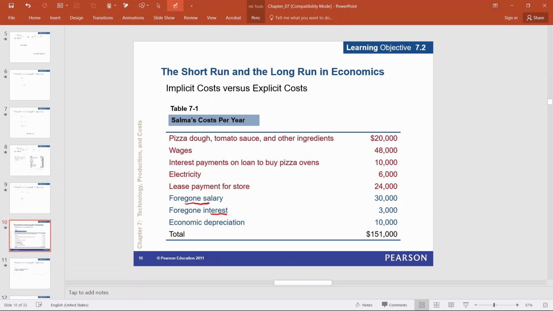So this is foregone interest. Depreciation is also a value that you determine. So all these values or amounts are implicit, and then all of them get considered in the total cost.